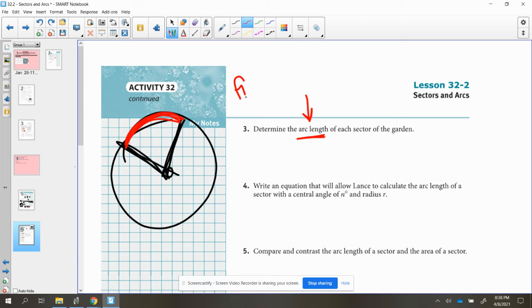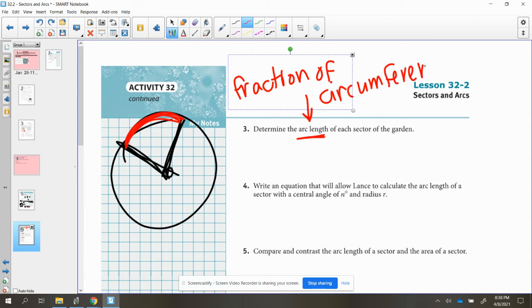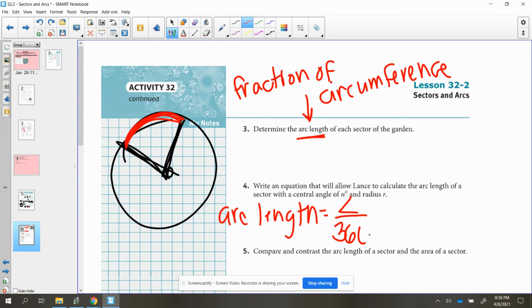You want to think about it as a fraction of the circumference. And the arc length formula is representative of that: it relates to the angle measure over 360 degrees, this time times the circumference, 2 pi r.